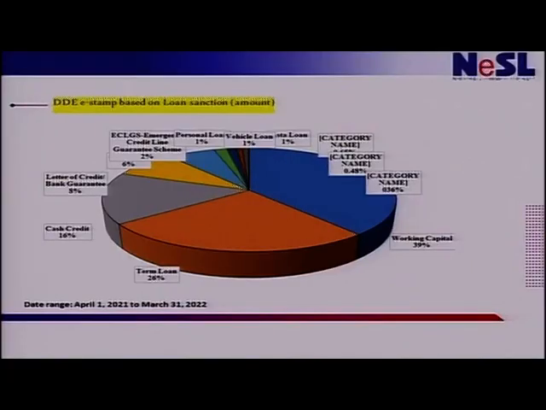And going forward, there are various enhancements which are also proposed under the DD product. So we are likely to launch the electronic bank guarantee. This is at the final stages of implementation. Testing is going on, and we are very hopeful that by the end of this month or early next month we should launch this product.